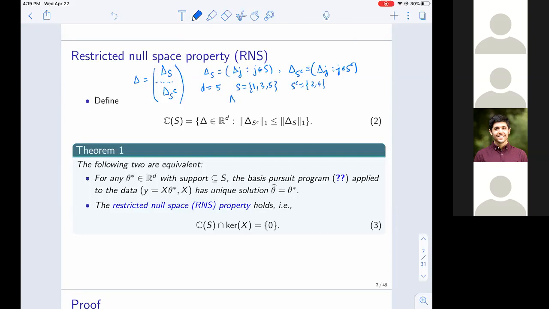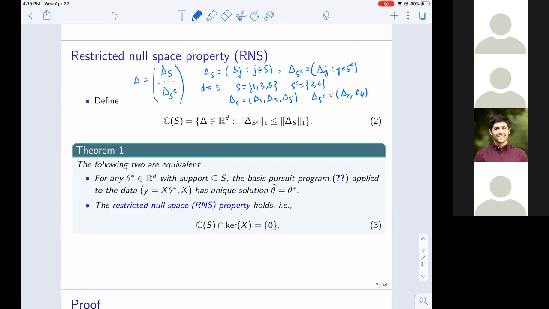Then delta sub S would be delta 1, delta 3, delta 5, and delta sub S complement would be delta 2, delta 4. Then I can put them together and I get delta.